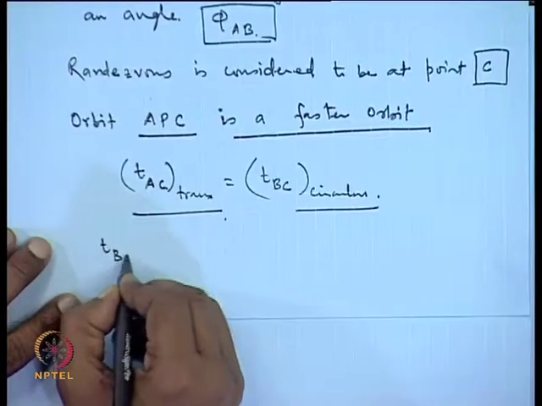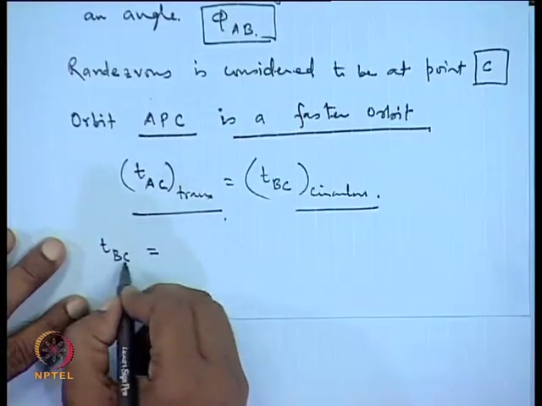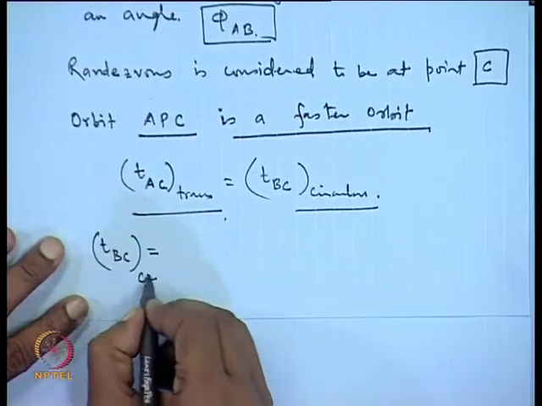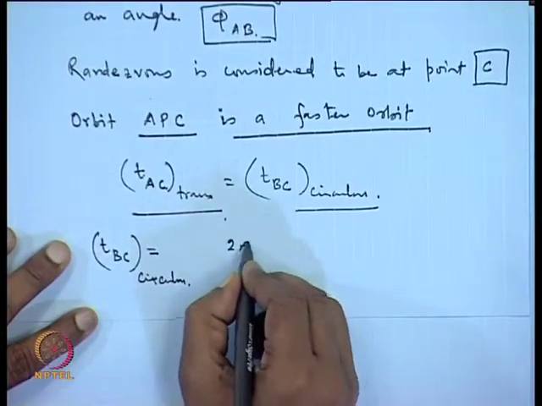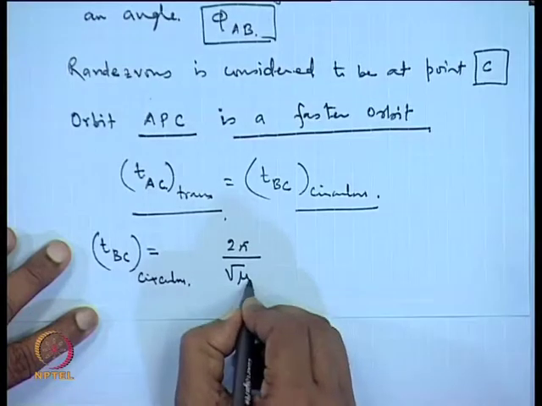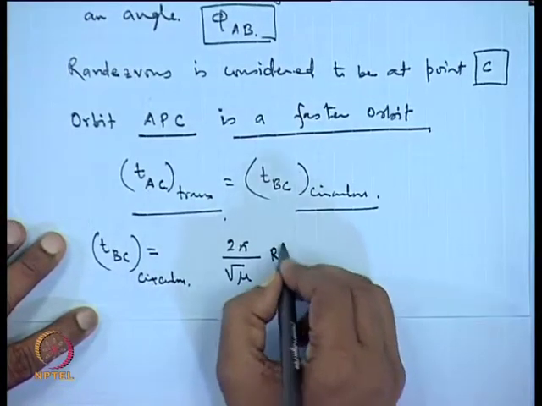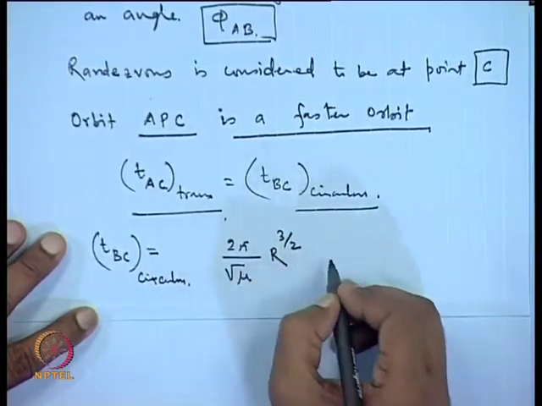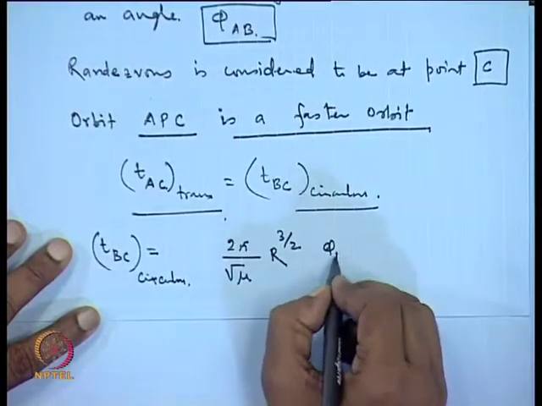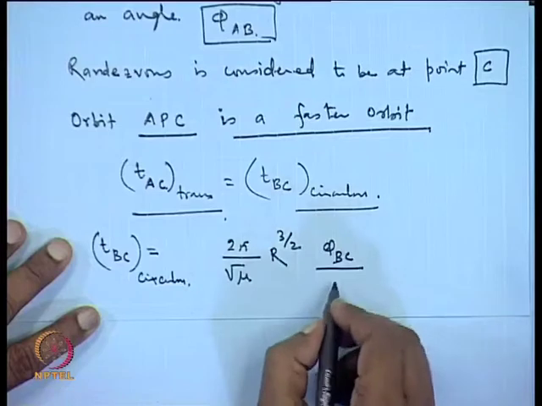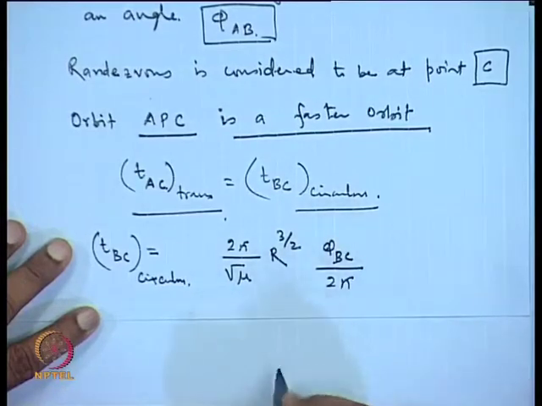Now, TBC it is easy to write how much it will be. TBC circular will be 2 pi by mu under root r to the power 3 by 2 times phi BC divided by 2 pi.